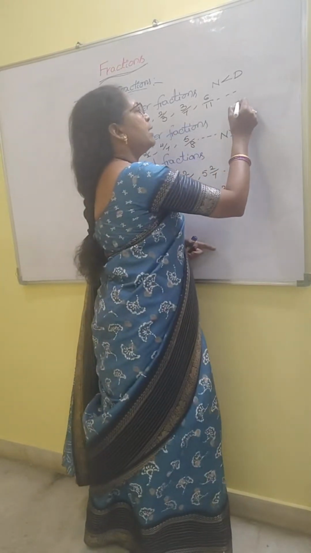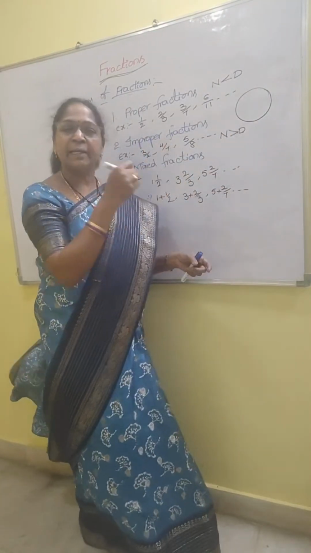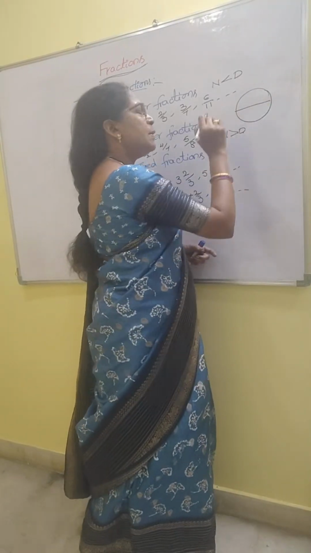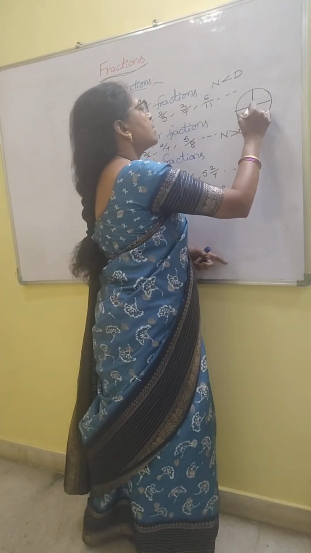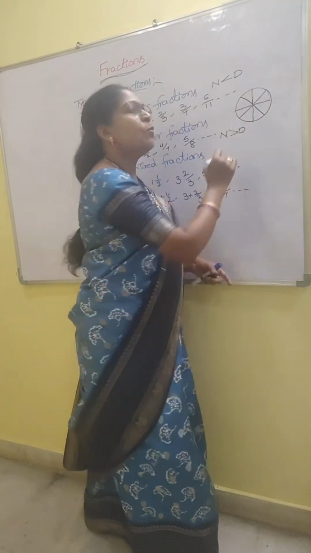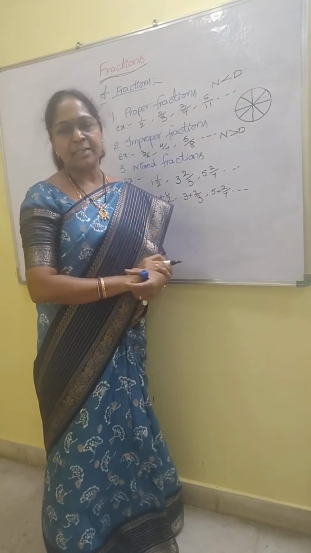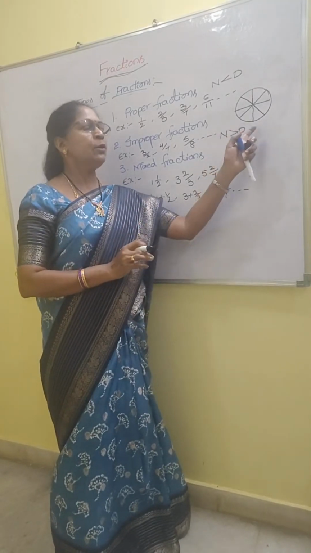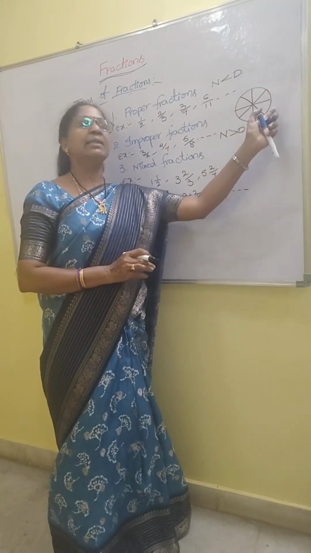Suppose there is a circular pizza that is cut into 8 equal parts. If you want to share this pizza among 8 friends or 4 friends, suppose you have 4 friends, then you divide it into 4 equal parts, no need to divide it into 8 parts.